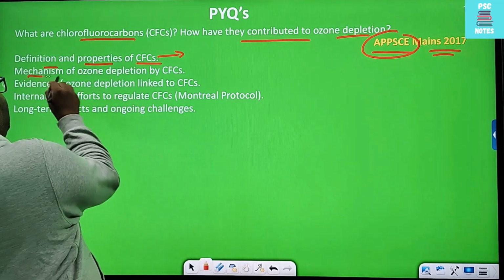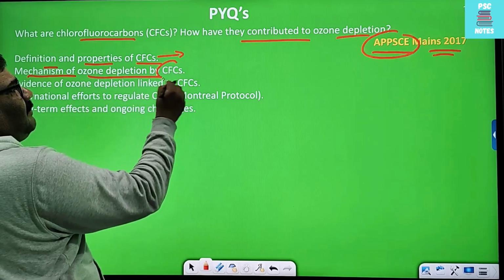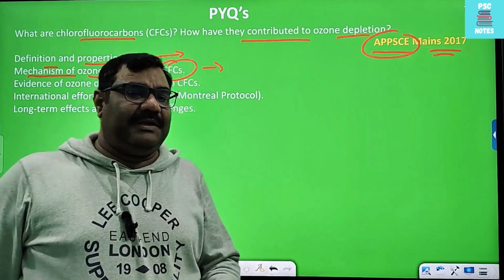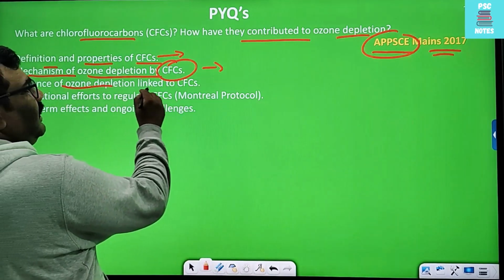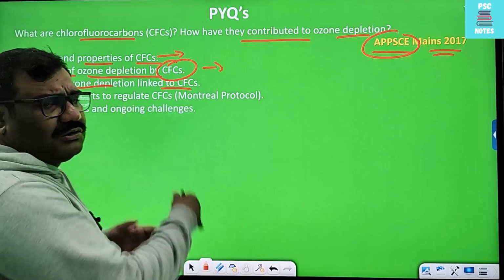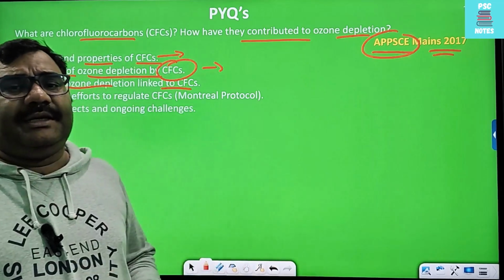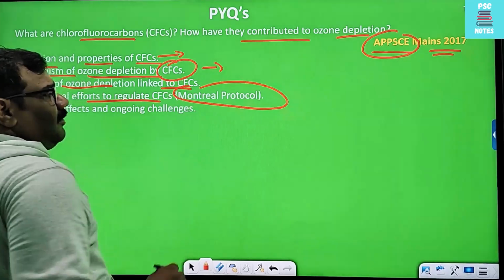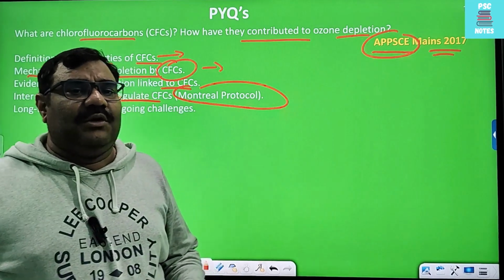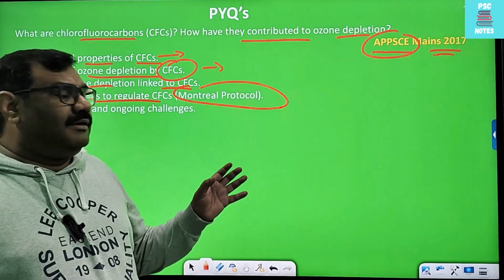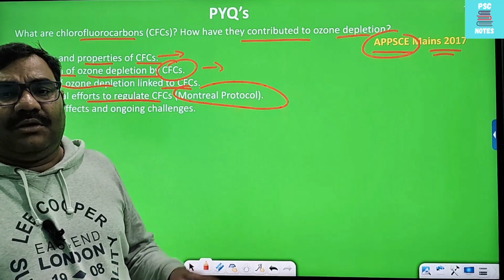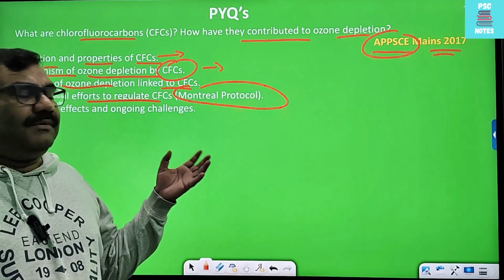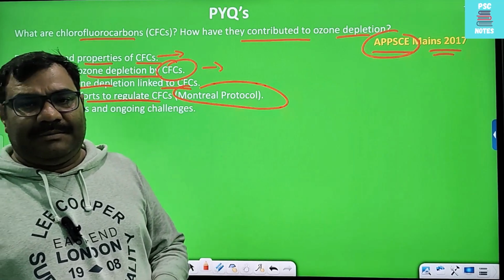Further, we can give a mechanism for ozone depletion by chlorofluorocarbons. Evidence of ozone depletion, we can also give a diagram, and international efforts to regulate chlorofluorocarbons, like the Montreal Protocol and other protocols. Okay, long term effect and the futuristic vision. Since it is from the environment section, it is better to give a figure or a few diagrams.